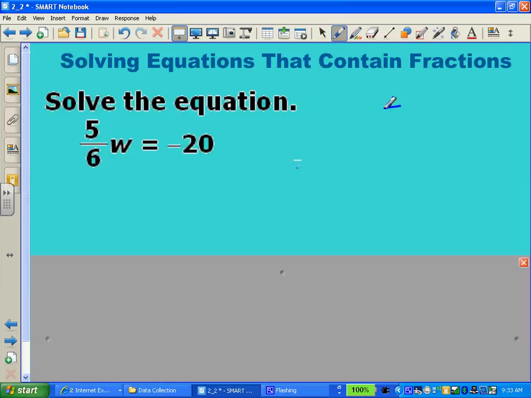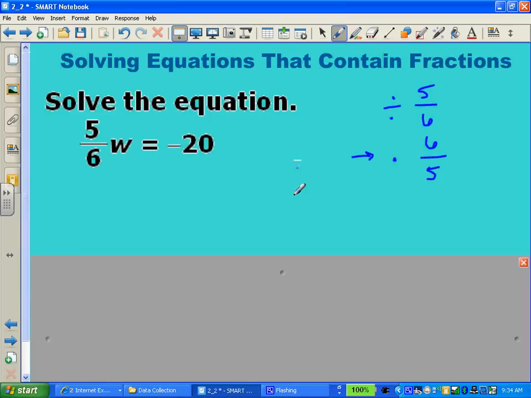Now this is where you've got to remember a lesson we learned in Chapter 1. Remember, when I'm dividing by a fraction, whatever I am dividing is the same as keep it, change it, flip it. So dividing by 5/6 is the same as multiplying by 6/5.